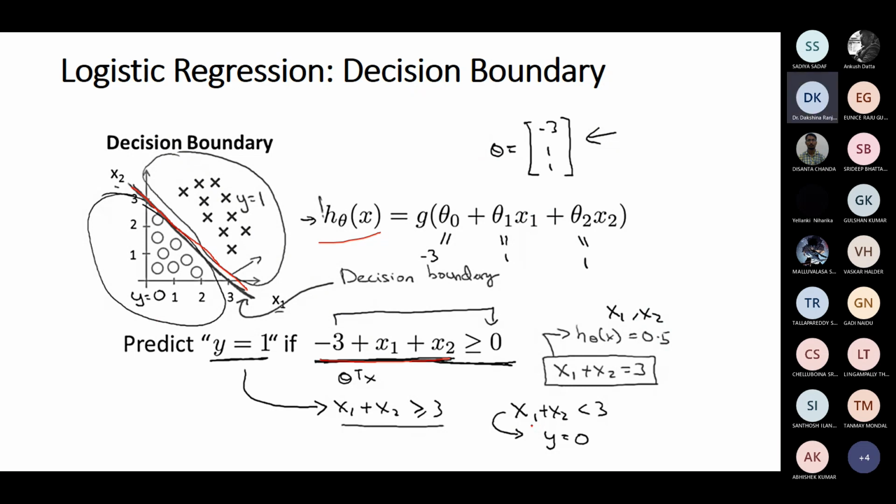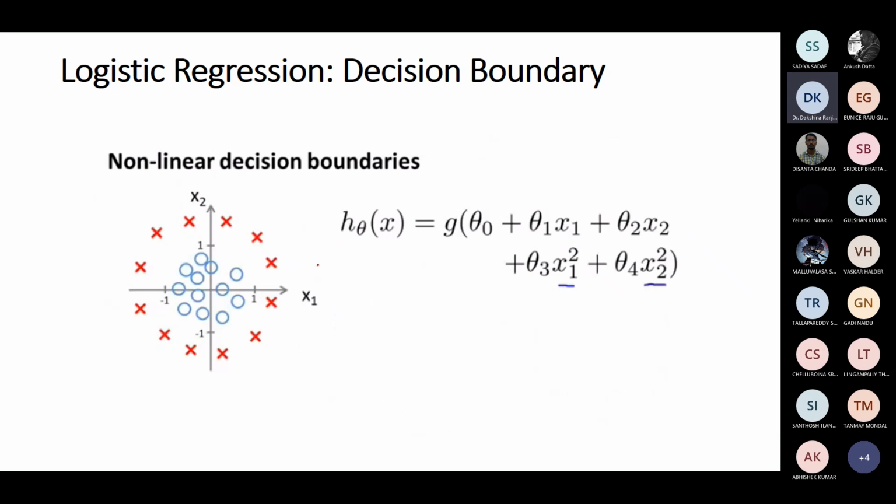So for these points which belong to y equals 0, we could write x1 plus x2 less than 3. That means this will predict the class level y equals 0, or negative class.